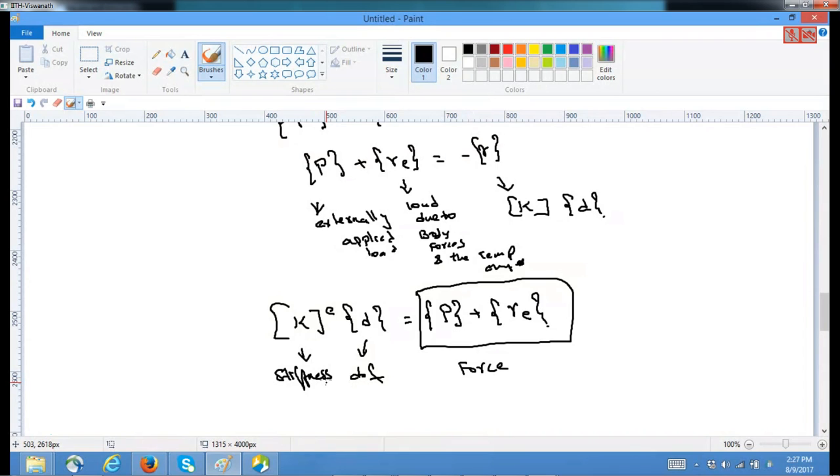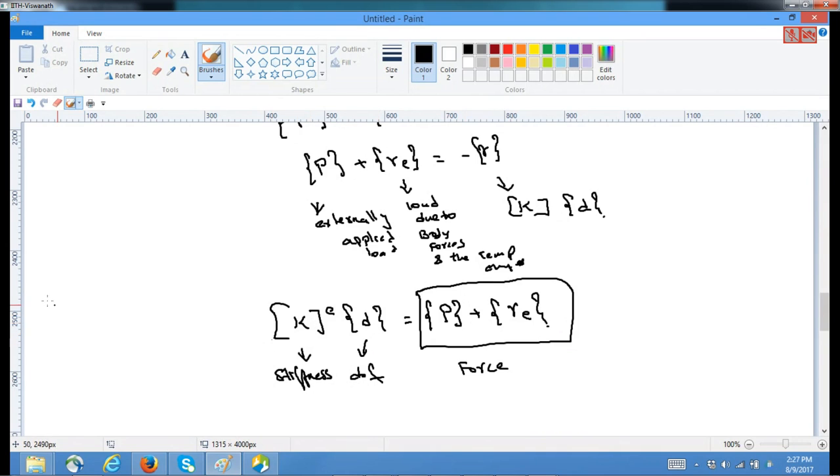This is what you apply as nodal load forces, like for a truss girder bridge, where the load of the vehicle is put onto the nodes in some proportion of their respective spans. That is the external applied load, and Re would be the body force itself, the weight, as well as the temperature changes. So this is your force field, this is your stiffness, and this is your degree of freedom.